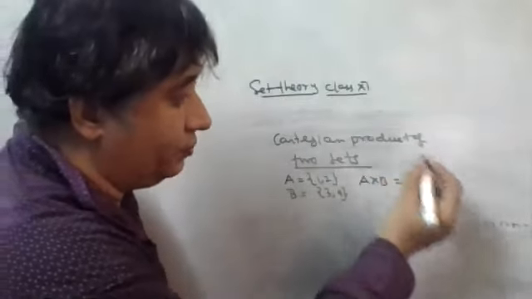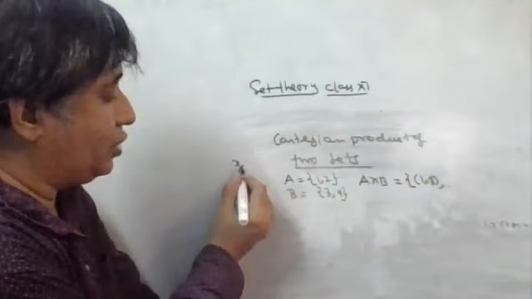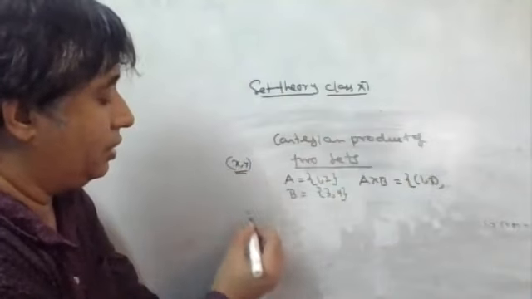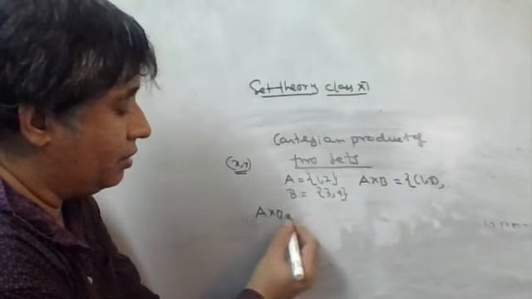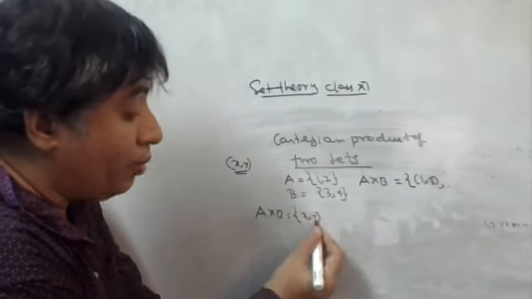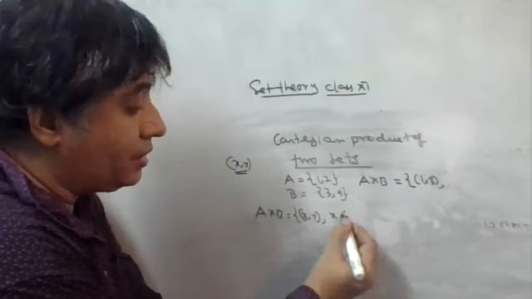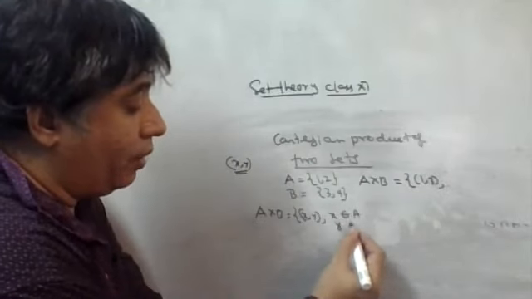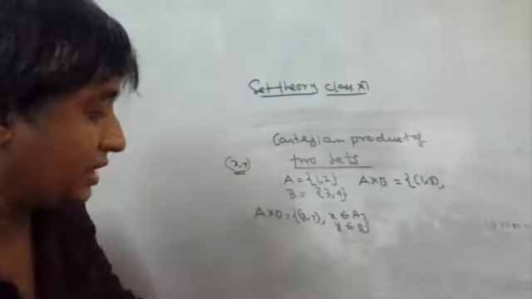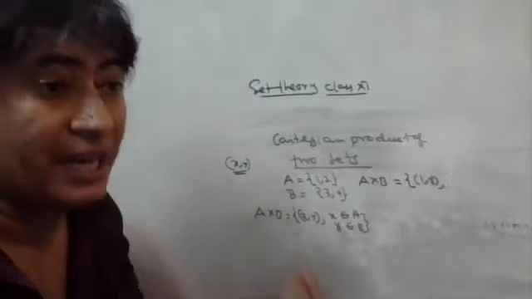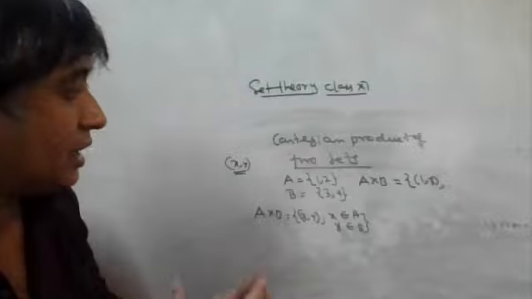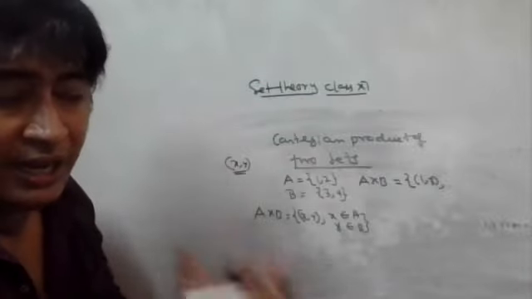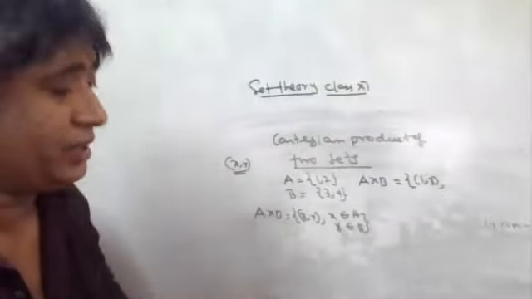Ordered pair means what? XY form. Cartesian product A cross B will be in XY form where X belongs to A and Y belongs to B. From this concept, we can extend to relation and then to function. This is the backbone of relation, function, calculus, everything.